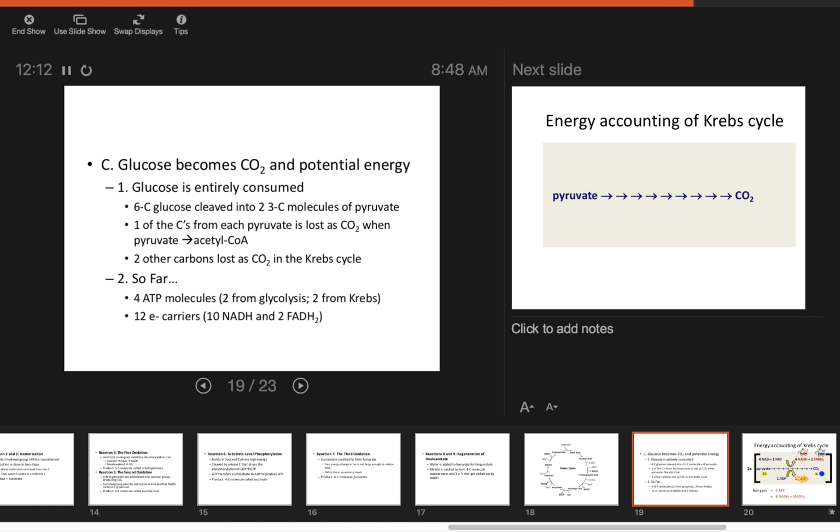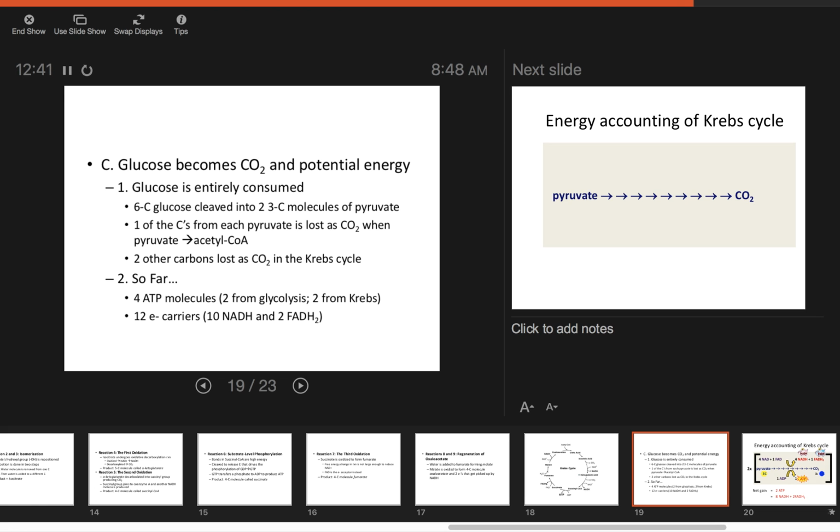Okay, now at the end of the Krebs cycle, we have broken every bond in glucose. Glucose is entirely consumed. We've taken a 6-carbon molecule, and every time we've cleaved, we've created either ATP or electron carriers. So far from this entire process, we have generated 4 ATP molecules, 2 from glycolysis, 2 from the Krebs because it goes through twice.